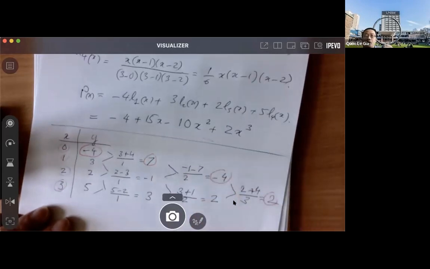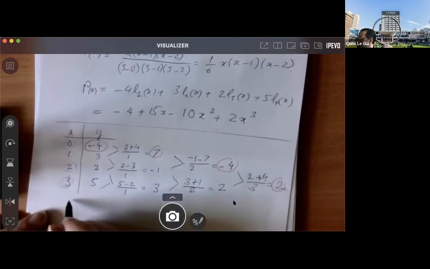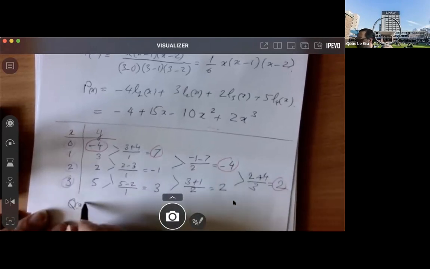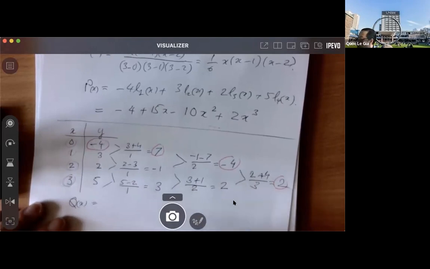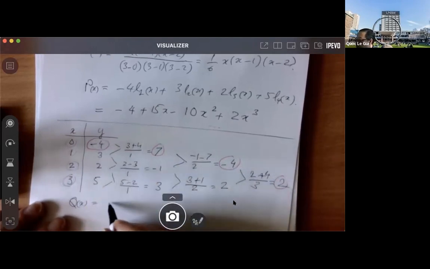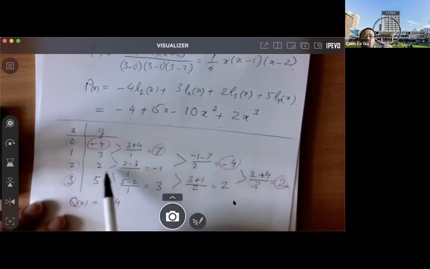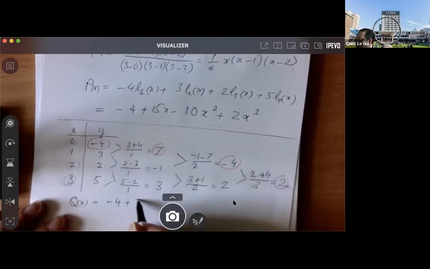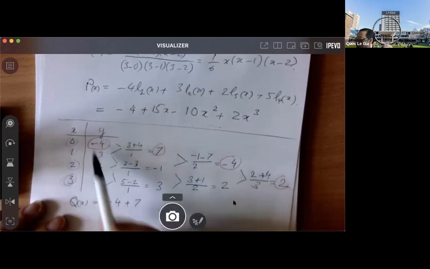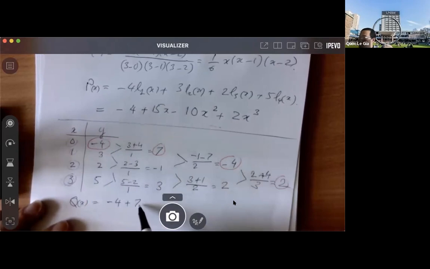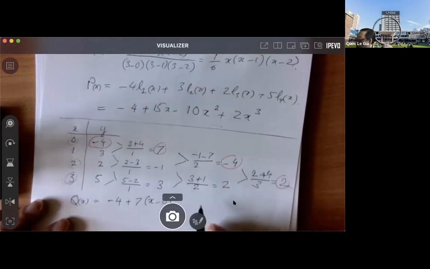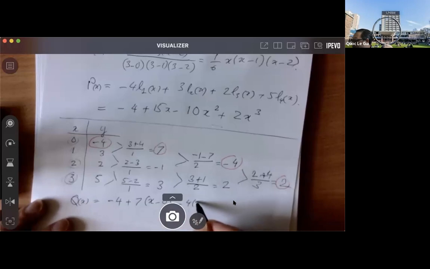Then you can write down the polynomial Q. Remember the formula: the first one is y1, the second one is f of x1, x2, then x minus 0, and then minus 4, x minus 0, and x minus 1.